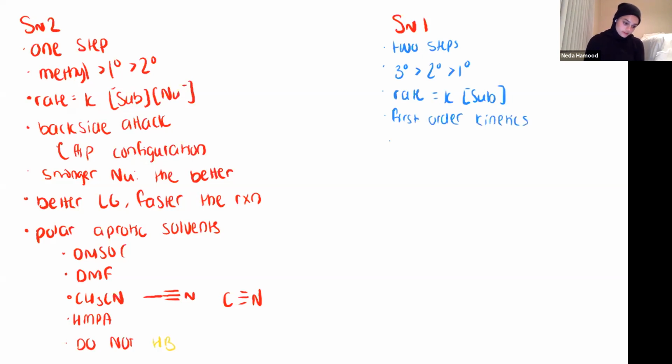Over here you have a trigonal planar carbocation intermediate, and it's favored by weaker nucleophiles.